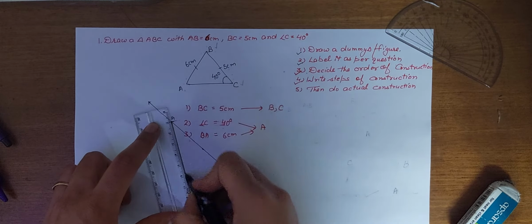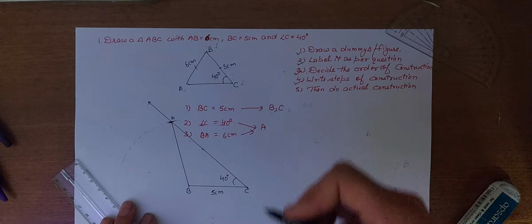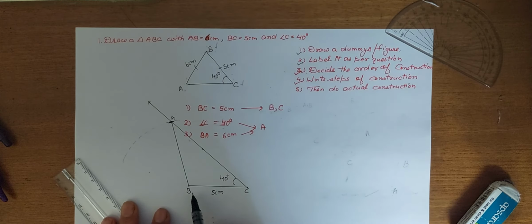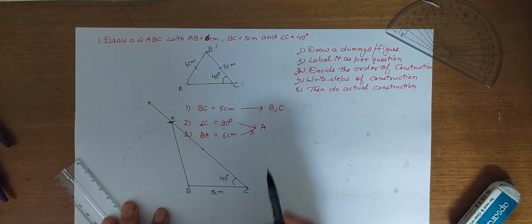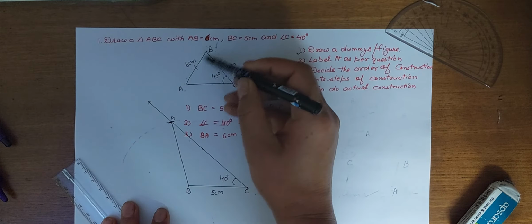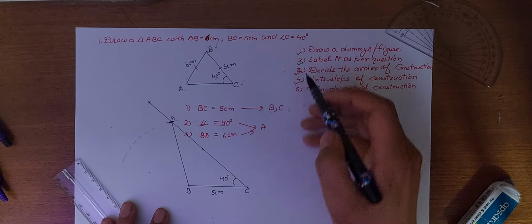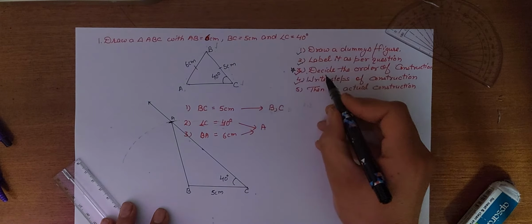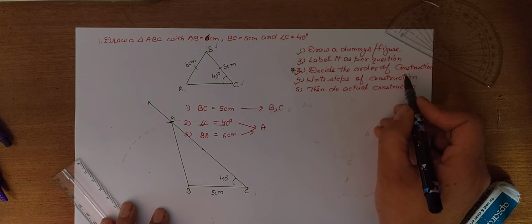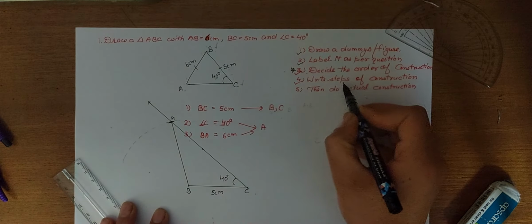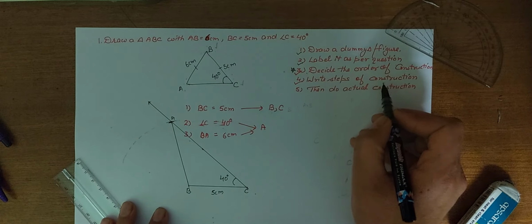So now I suppose you would have realized why I chose to construct BC first. If I had chosen to construct AB first, I would have been stuck. So deciding the order of construction is a very important step. And then please learn to write the steps of construction.